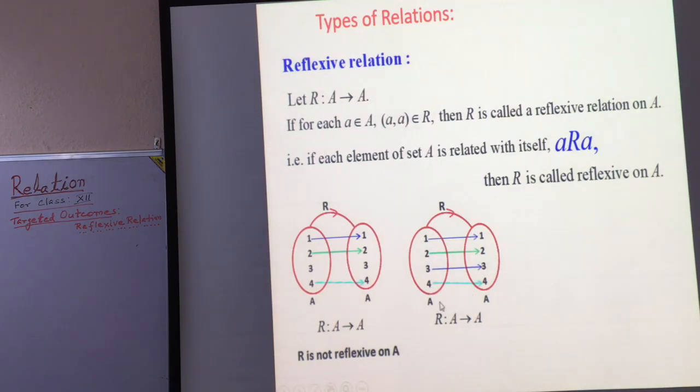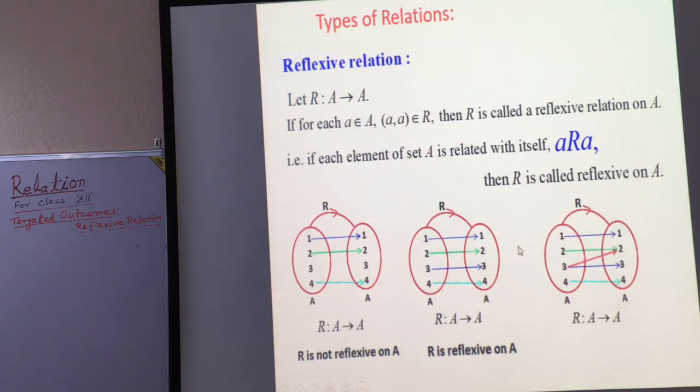So we observe that each element of this set is related with itself. So the relation is reflexive on A. R is a reflexive relation on A. Take another example. Here R is a relation from A to A. R is a relation on A.